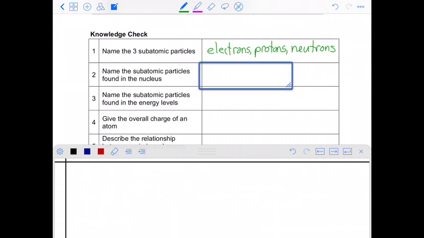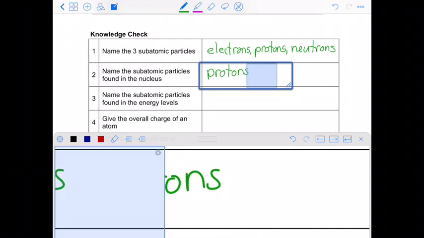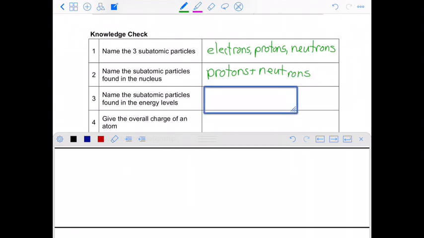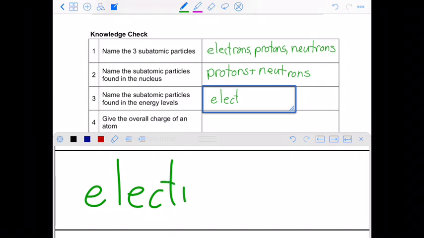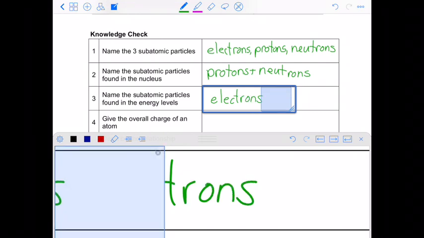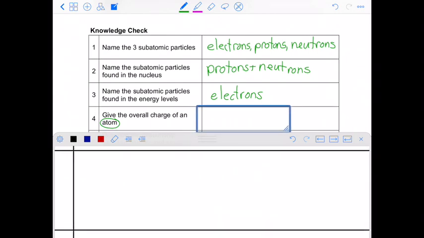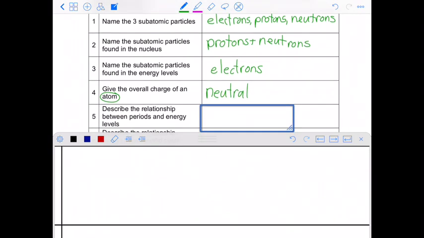The subatomic particles found in the nucleus are the protons and the neutrons. The subatomic particles we find in the energy levels are the ones that are left over, the electrons. The overall charge of an atom, this is the important thing here, is that it is neutral, or that it has no charge.